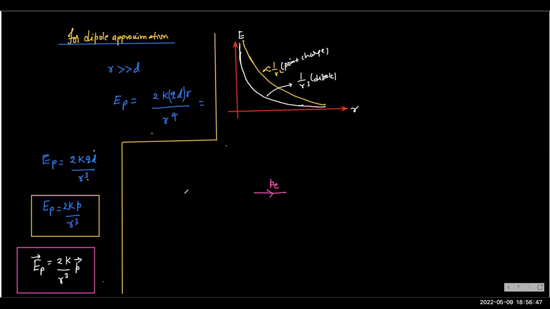So be it any point on this line, the electric field at every point will be towards right. Understood? And that's also logical because if you draw the lines of force, it will be like this only.